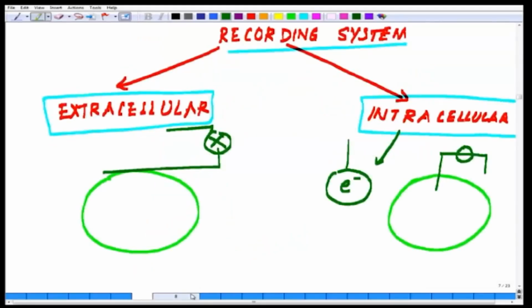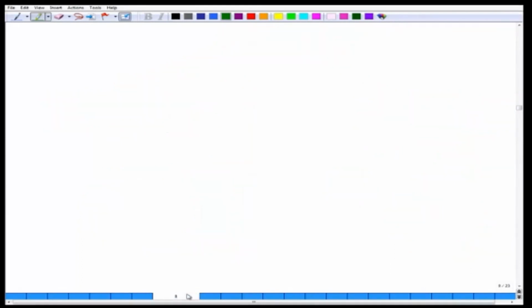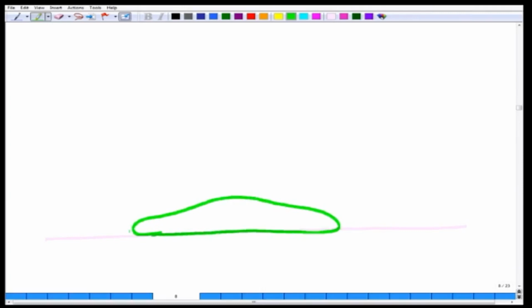So coming back, let's see this situation. In the next slide, I will highlight this one. Let us put the cell like this. So, this is the base. On this, here you have a cell sitting like this. And now you have two options.